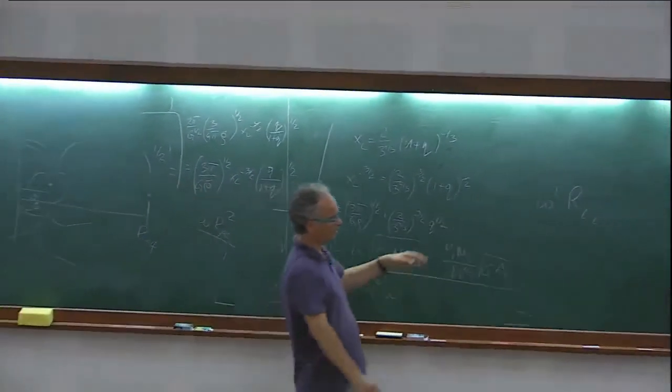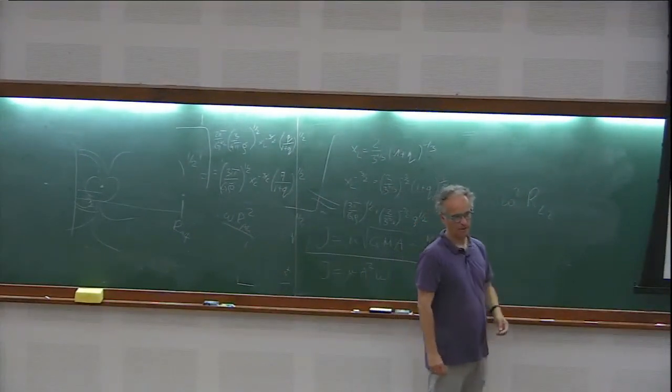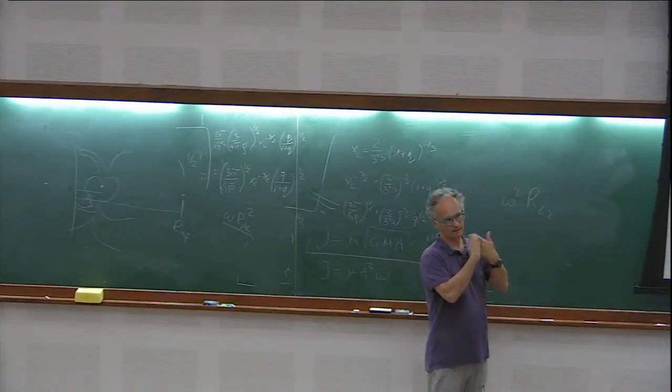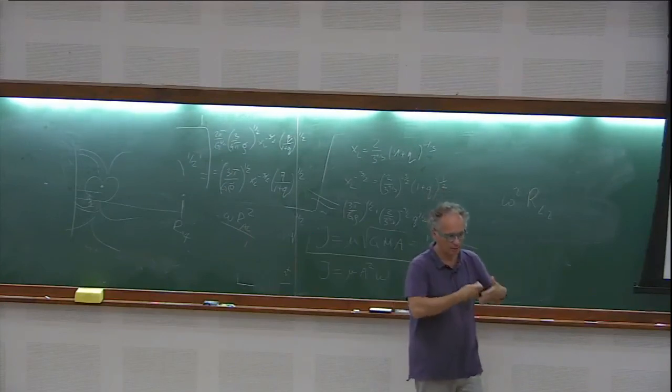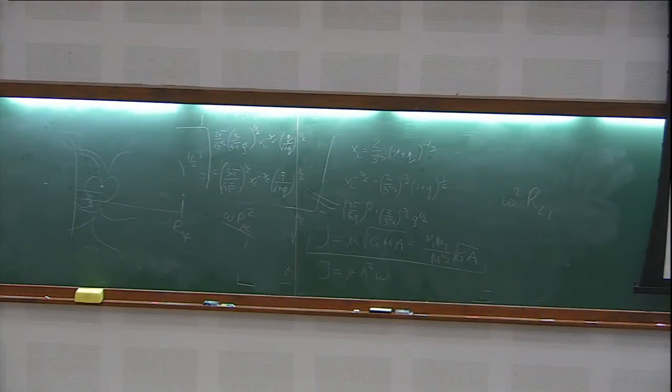So we will also enhance the angular momentum loss when the wind is slow and it is slowly removed from the system by overflowing the Roche potential.